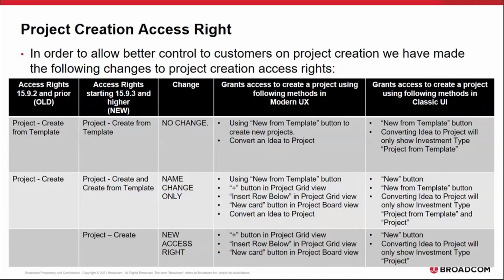If a certain organization does not want their users to create projects using either the plus button or insert new row, thus bypassing all the business rules because there is no blueprint assigned to it, or bypassing any blueprint required attributes, all they have to do is give them project create from template, and now the users can only create projects using the new template button. So this gives more control to our customers to be able to define how their end users should be able to create and what rules should be executed.